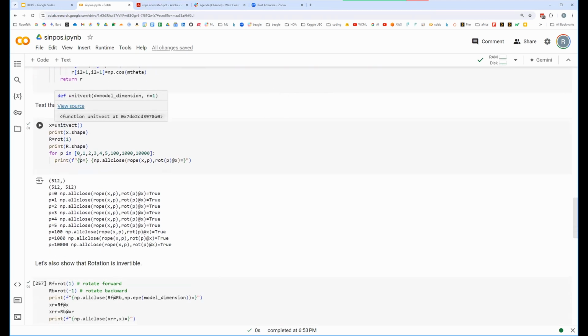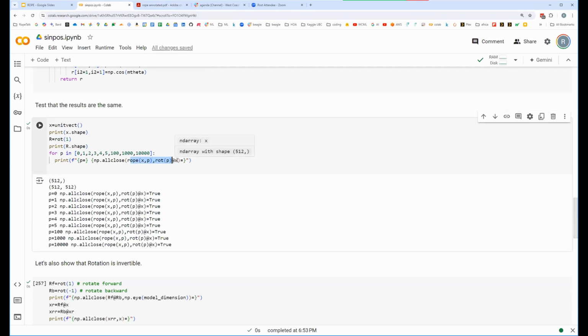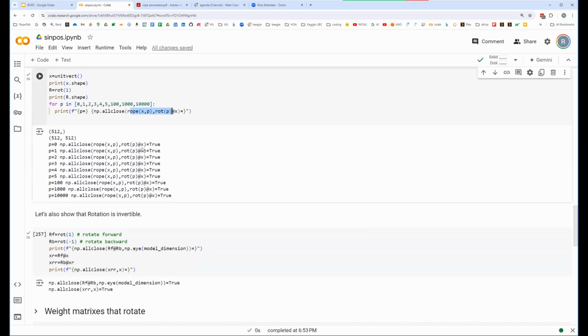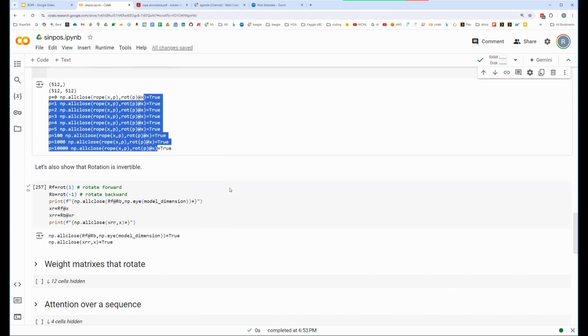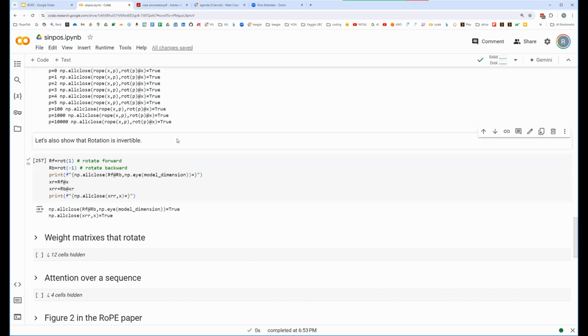I just wanted to prove to myself that this matches. So pick a unit vector, rotate it through n degrees, and make sure that the RoPE implementation matches the rotation matrix dotted with the vector. And sure enough, they're all the same. I also wanted to see that the rotation matrix is invertible, so you can rotate forward and rotate backwards.